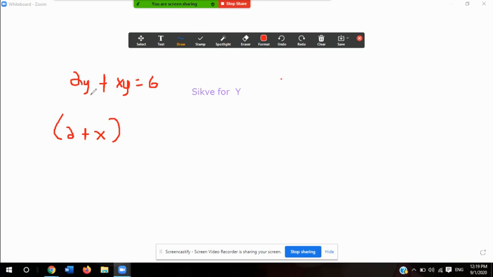Now again, if I look at 2y, if I look at xy, they are the result of the multiplication of y times 2 and y times x.